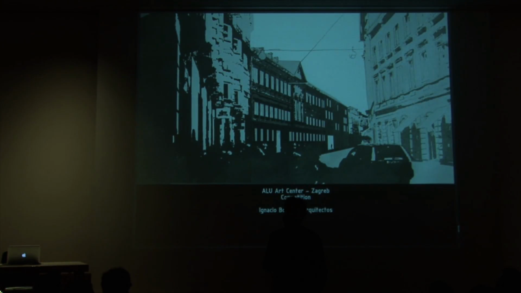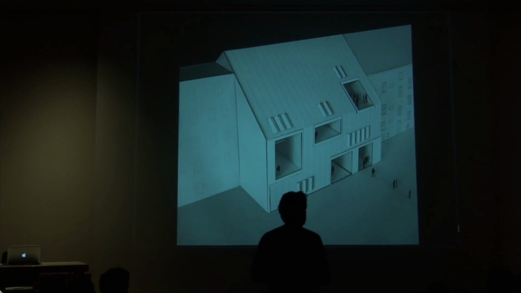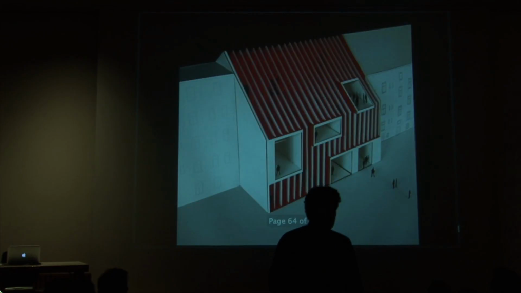competition that we did recently in Zagreb, and it was to rebuild a piece of the city fabric that had to be demolished and had to be built again, but respecting the street view and the existing volume. So the volume was supposed to be completely new, but occupying the whole space that the previous building was occupying.